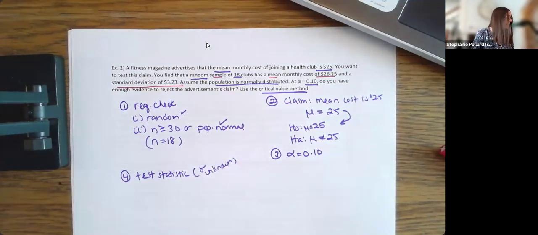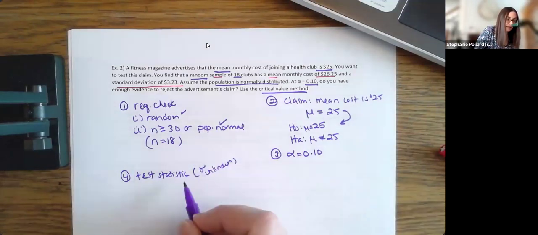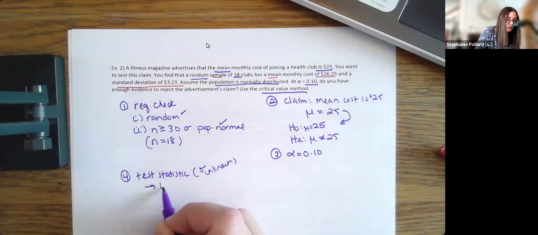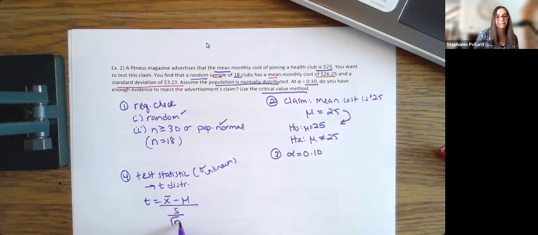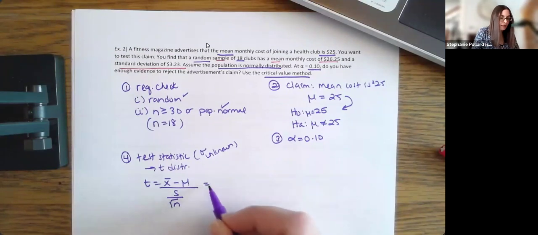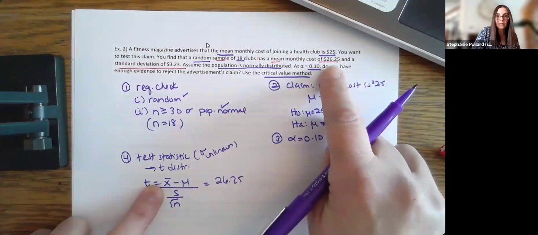So because it is unknown, we are going to use a t distribution. So our test here is going to be t equals x bar minus mu over s over root n. Our sample mean was 26.25 right there.